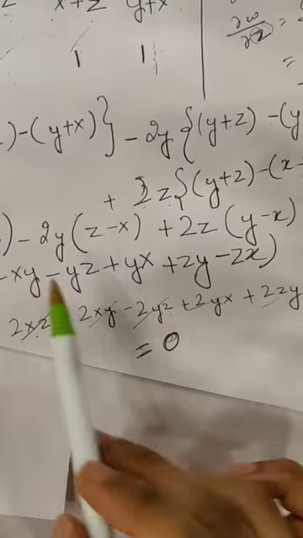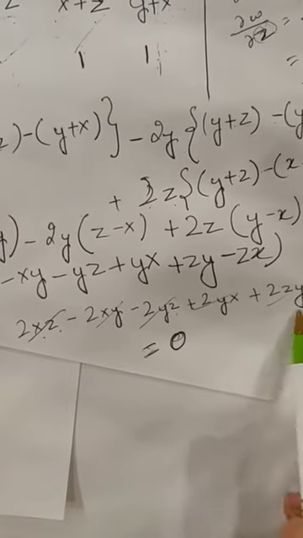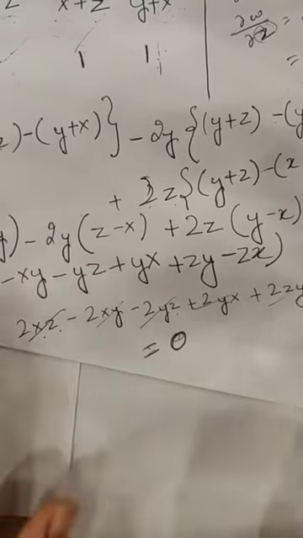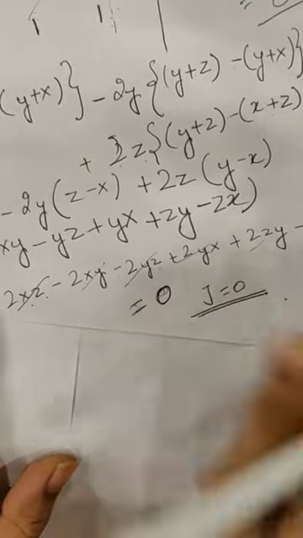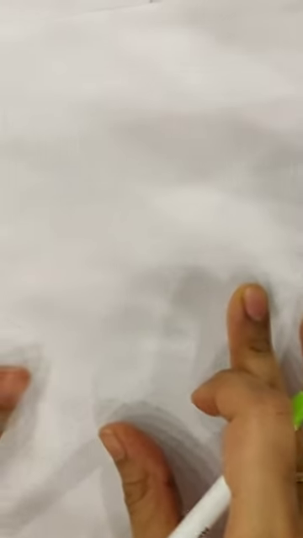Okay, so expanding these terms, all the terms get cancelled and the answer comes out to be 0. So the Jacobian here would be 0. Now let's do another question, which should be a bit more complex one.